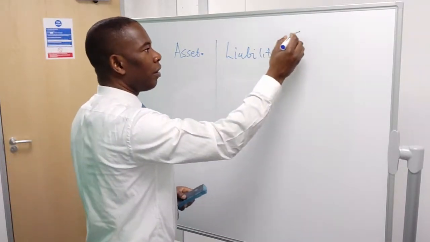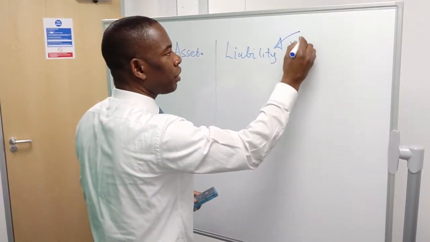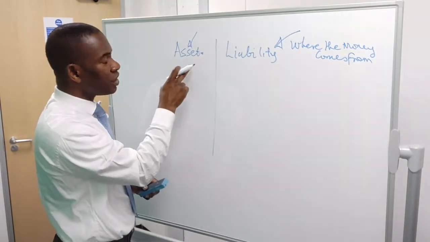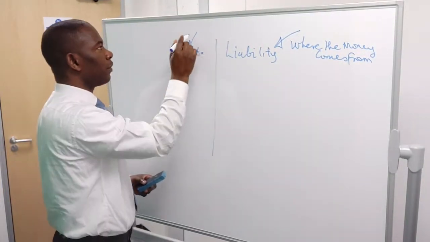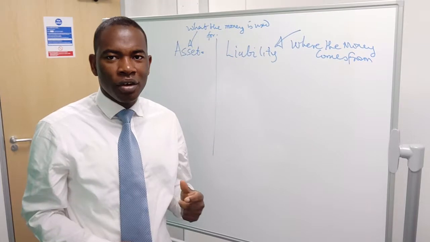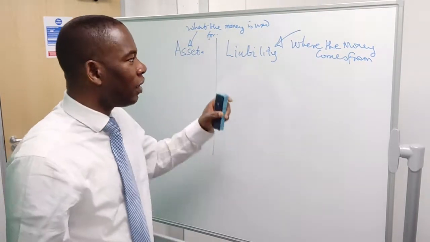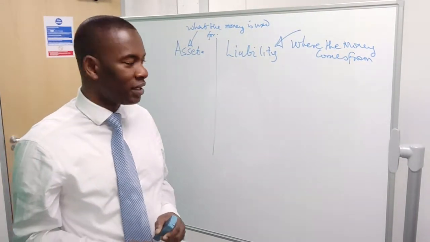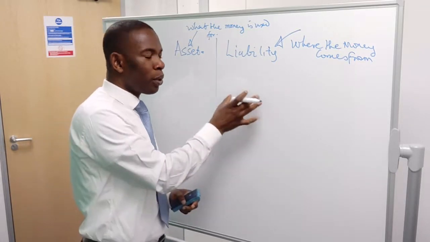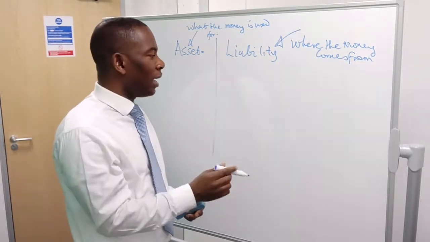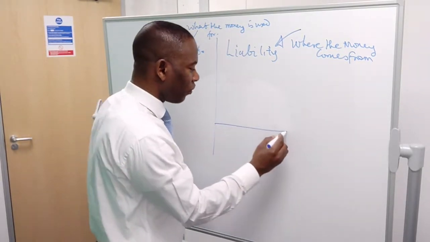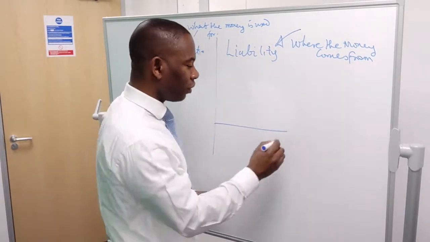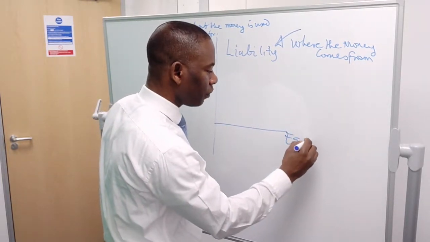This is where the money comes from. This is what the money is used for. So the liability side has the proper liability, and at the bottom of that you have what you call equity.